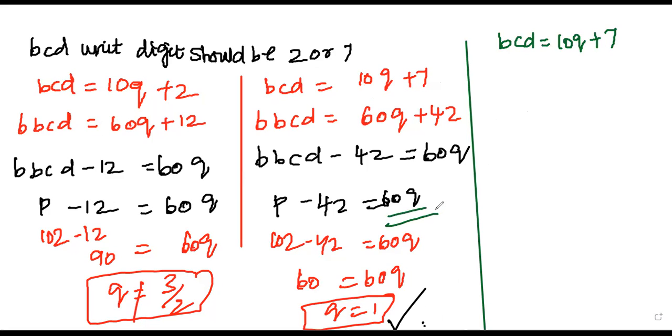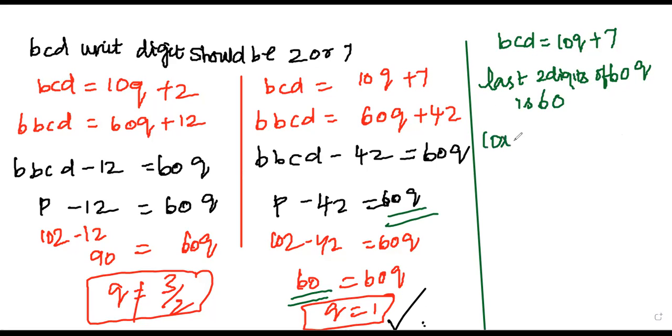Last two digits of 60Q. 60, right? You can also write 60Q as 10 into 6Q equal to 60.